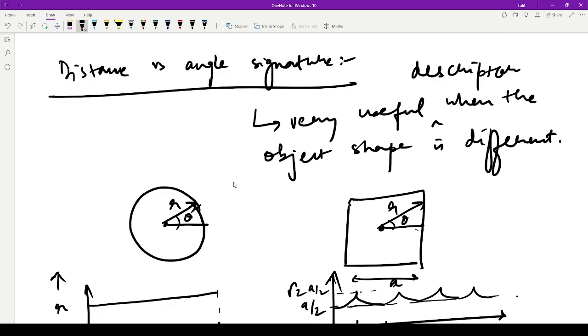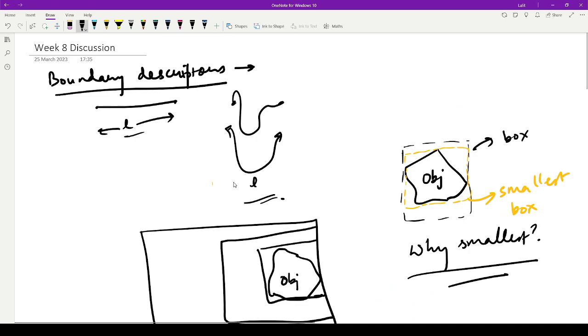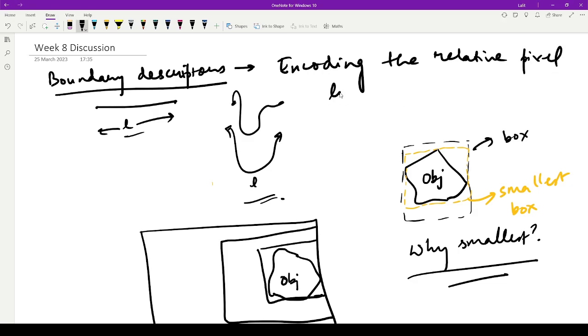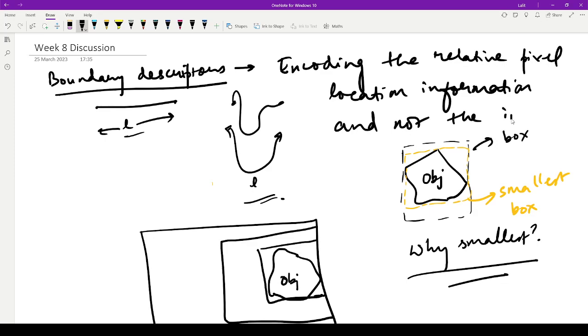So one of the most important things that I want to mention here is that for all these descriptors, we are encoding the location information, the relative pixel location information, and there is nothing to do with the intensity.